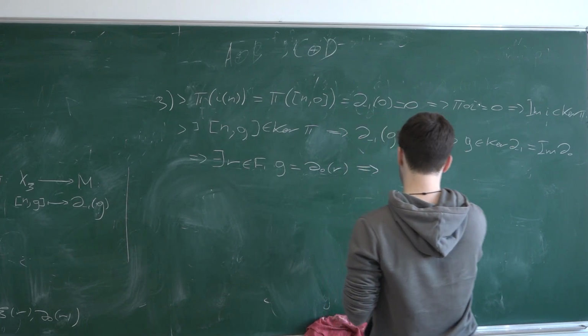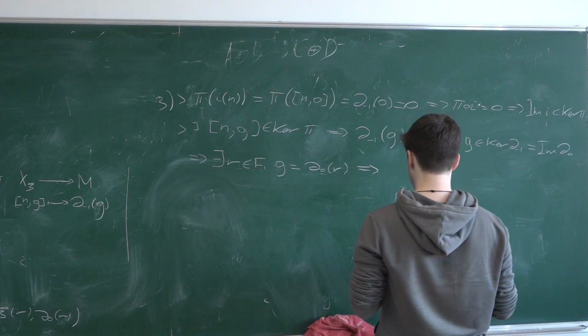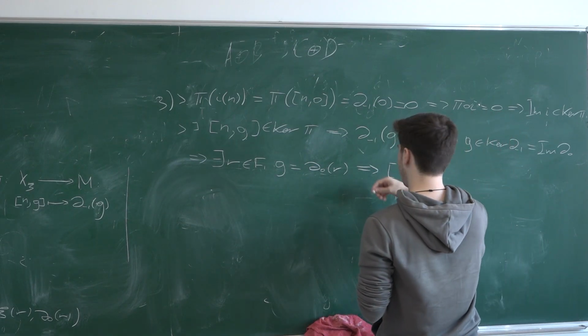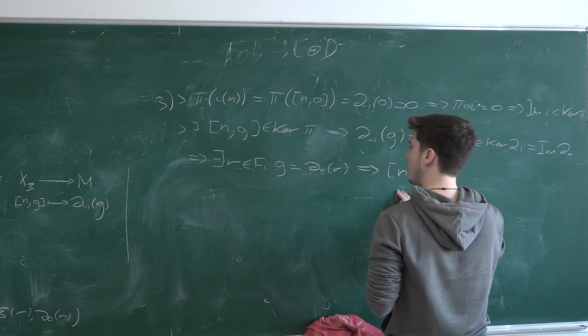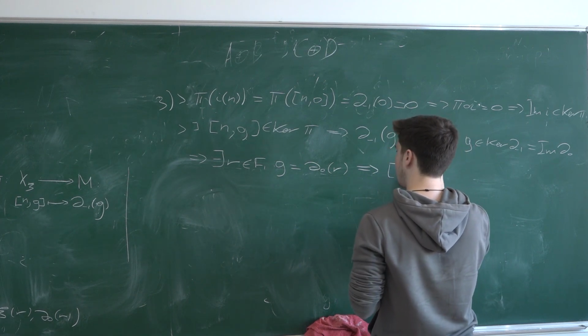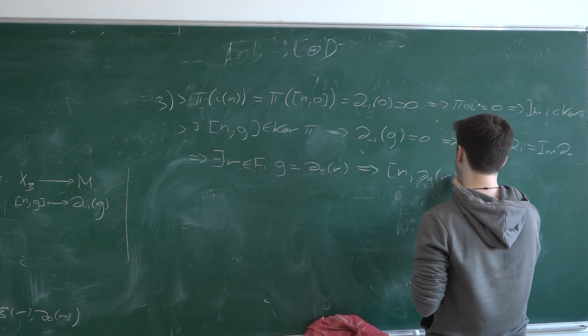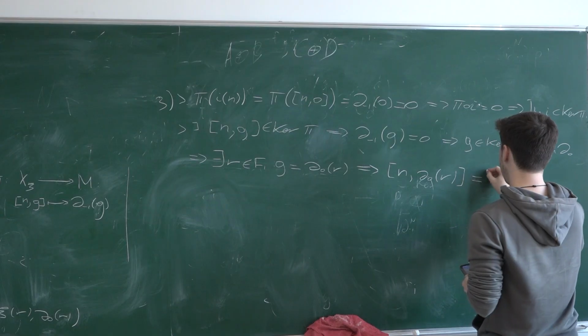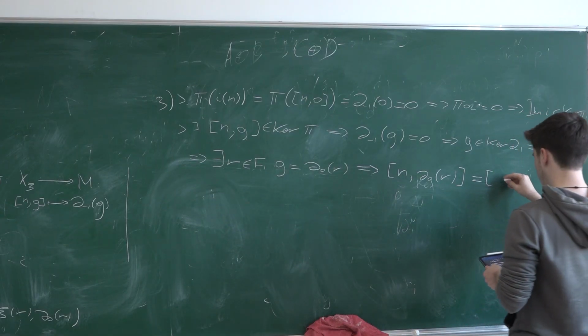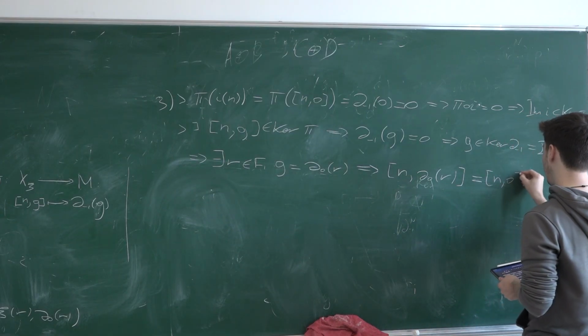So now we just substitute into the formula, into our initial form of our element, and obtain this. Then we can split this into two summands.